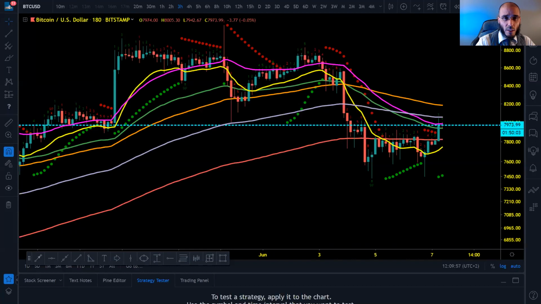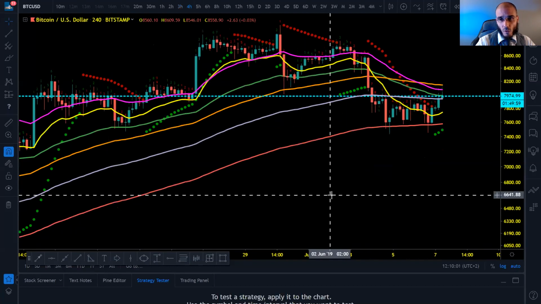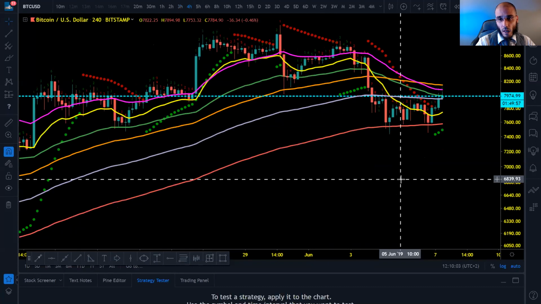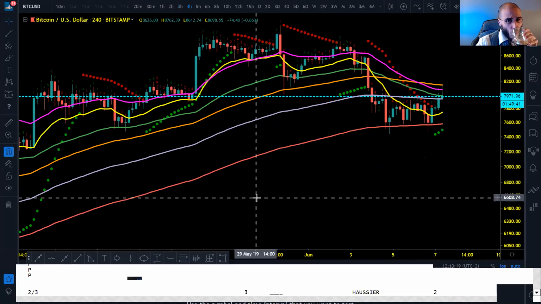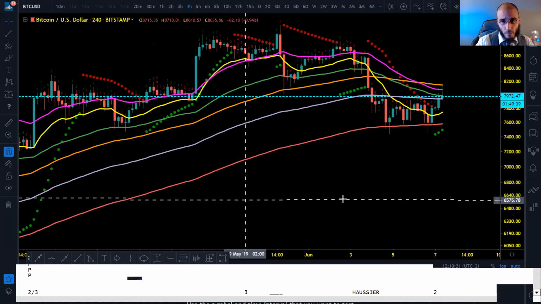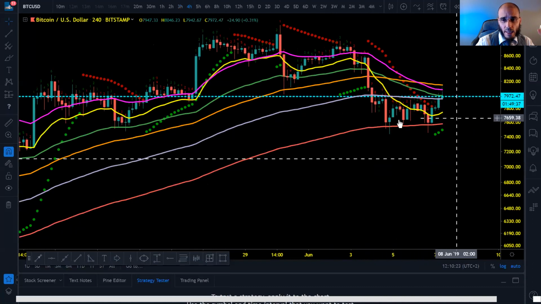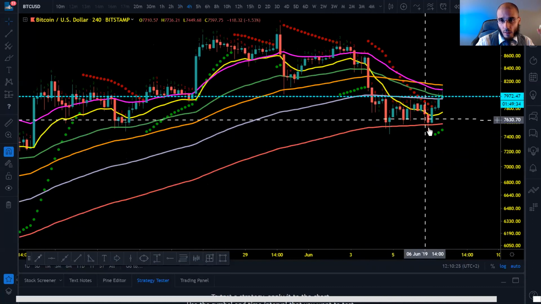Let's look at the intermediate term, the 4-hour chart. The 4-hour chart is on a 2 up with confirmation. It was looking nice down here.